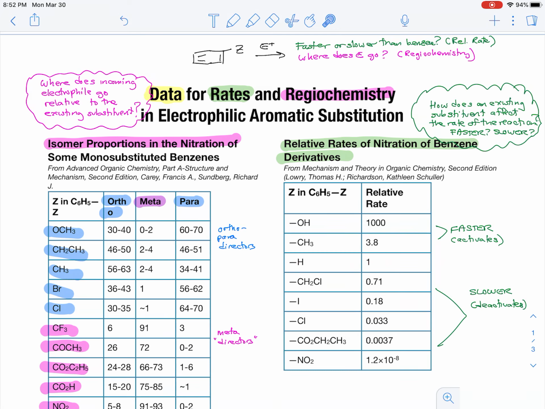Of the groups that we have here, we have two that make it faster, which we call activating, and then we have several that make the reaction slower, which we call deactivating.